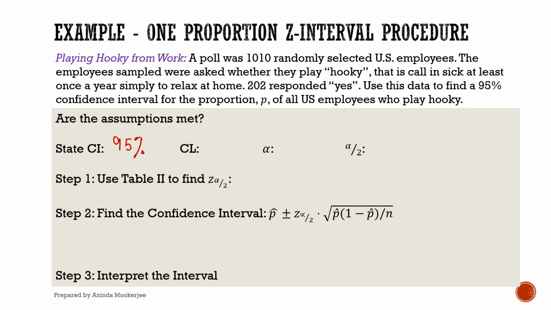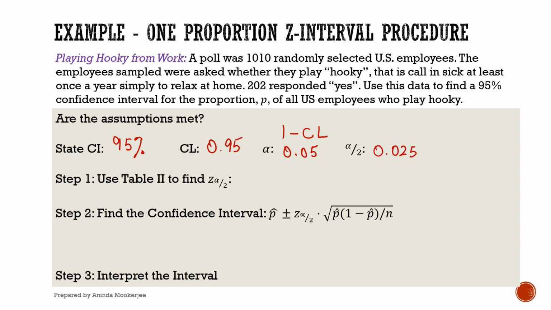Confidence level is the decimal version of the percentage confidence interval, so that's 0.95. And alpha is 1 minus whatever CL is. All this should be revision for you. So 1 minus 0.95 is 0.05, and for confidence intervals we always divide alpha by 2, which is 0.025.